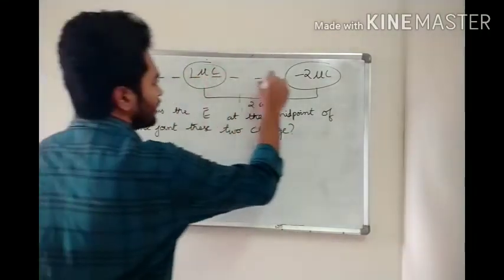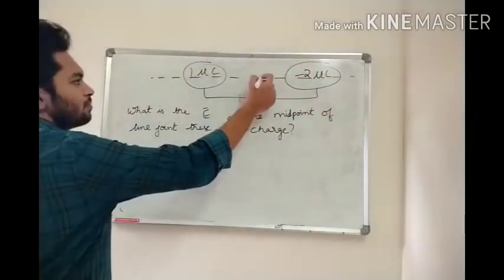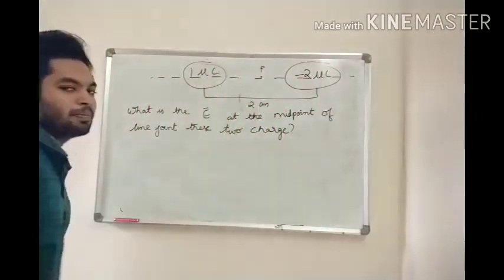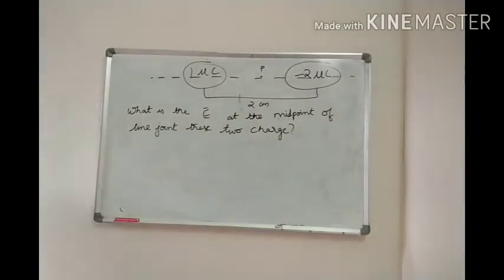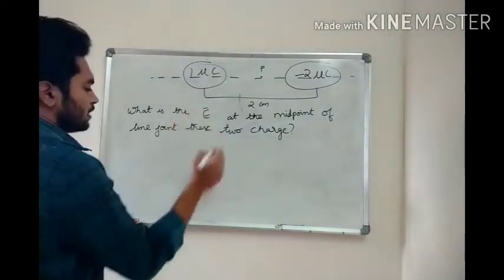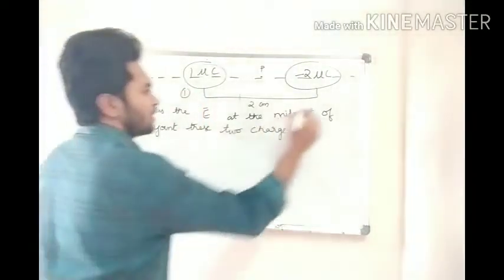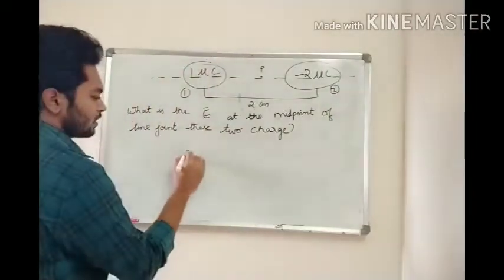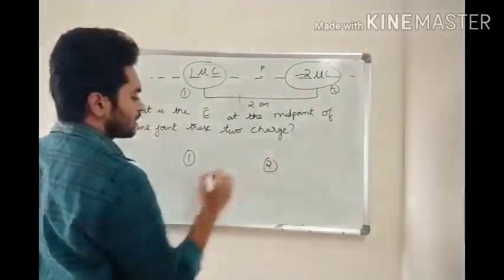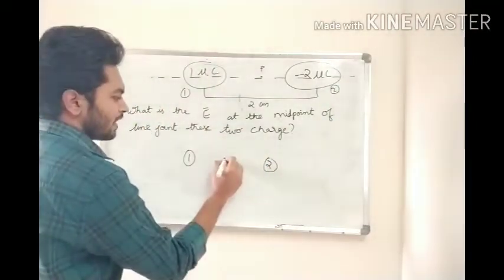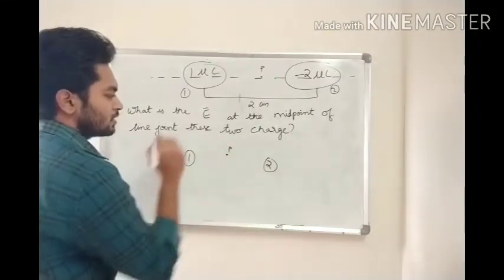This is your line joining two charges, and it is asking at the midpoint. Suppose this is our midpoint P. At midpoint P, it is asking what is the electric field. So how to do this? Suppose I am taking this as charge 1 and charge 2. Suppose charge 1 is here and charge 2 is here, and the distance you know, and we have to find it out at this position.